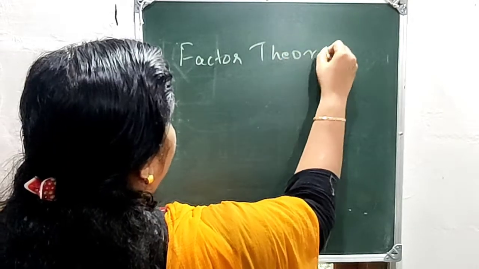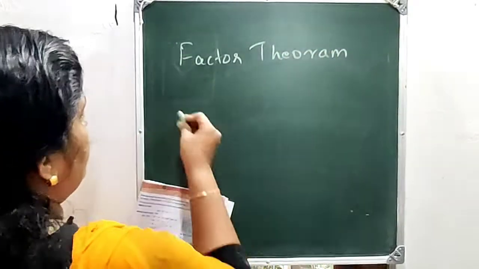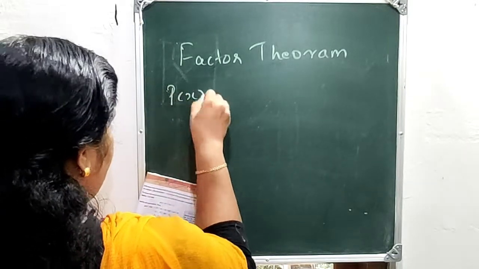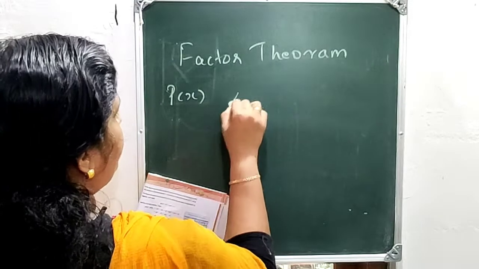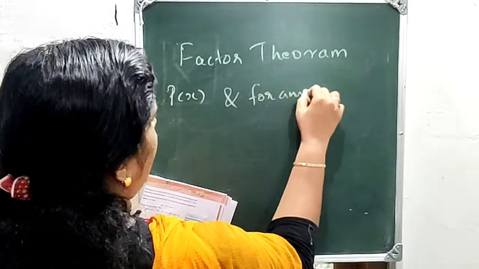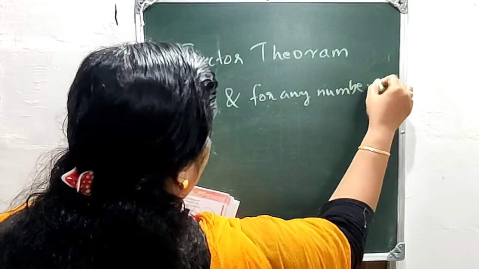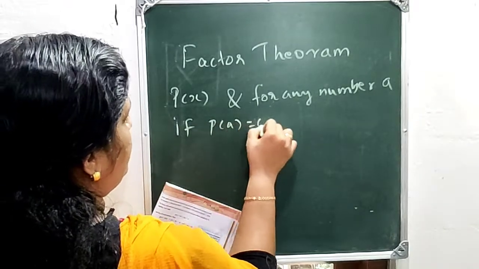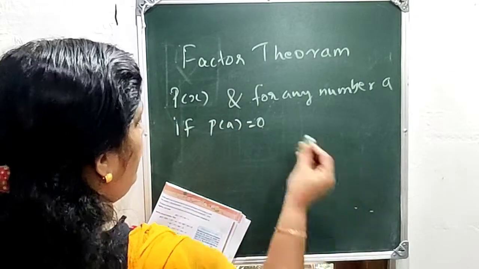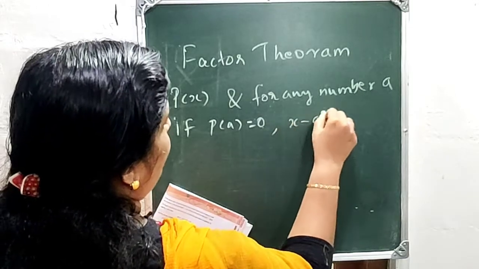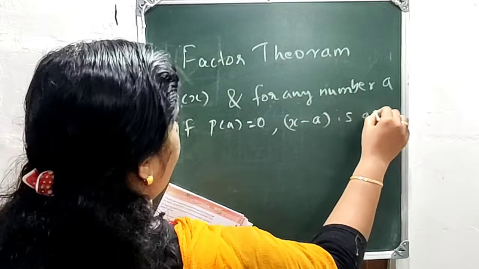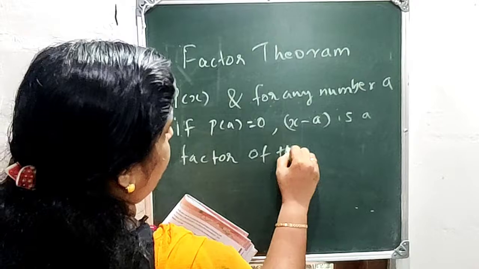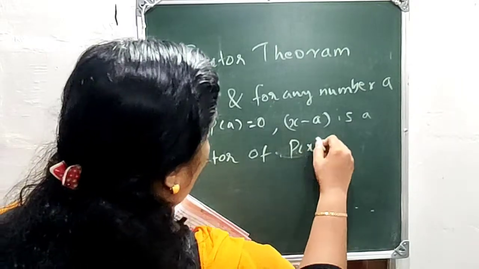First I am going to state the factor theorem. For any second degree polynomial p of x, and for any number a, if p of a is equal to 0, then the first degree polynomial x minus a is a factor of the polynomial p of x.